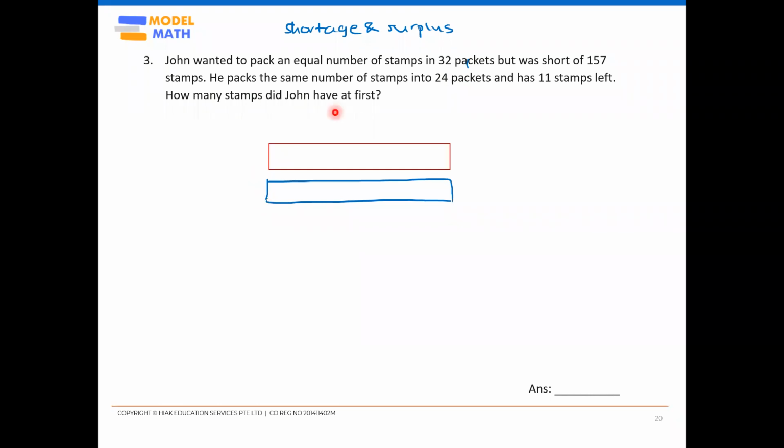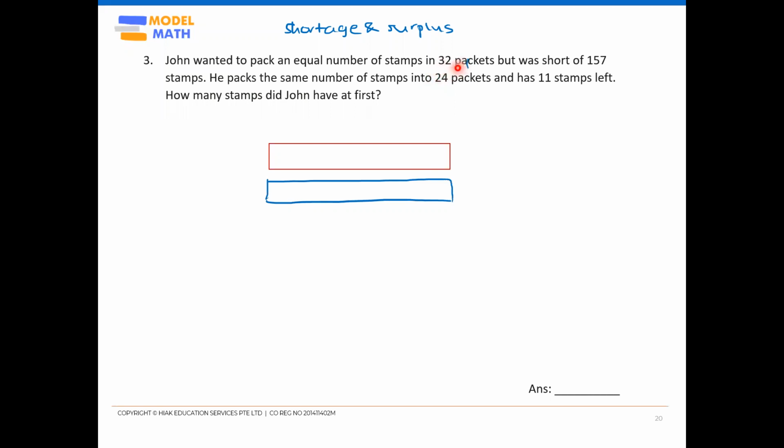Okay, so S1, S2. Now let's start to label for scenario 1 first. They say that he's going to pack it in 32 packets, but he is short of 157. When I first label down the model, I will settle the 157 first, then the 32 packets later. If you're short of 157 stamps, it means your current number of stamps is not enough to pack into 32 packets.